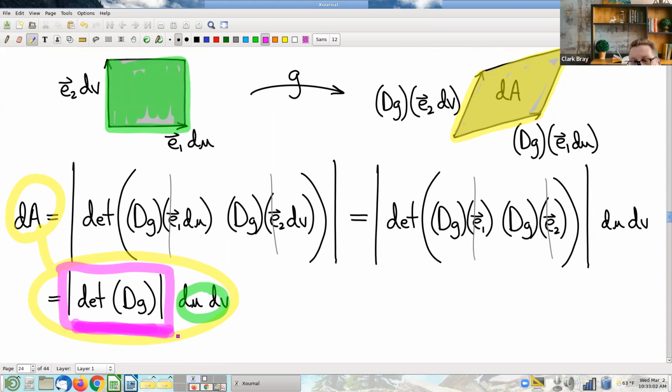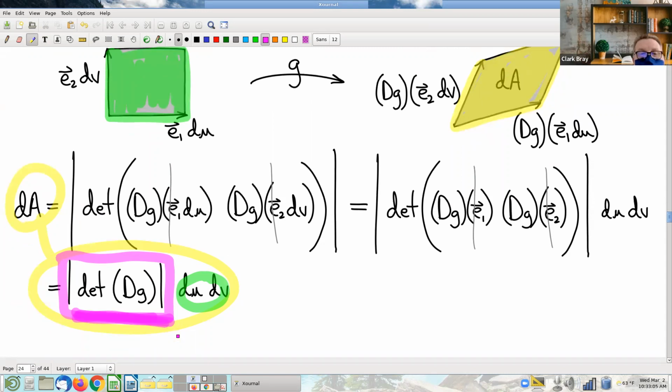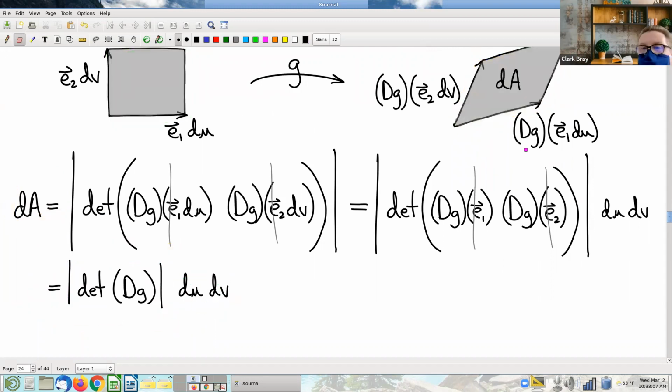So as claimed. So that's all it is. All right, nice little exercise.